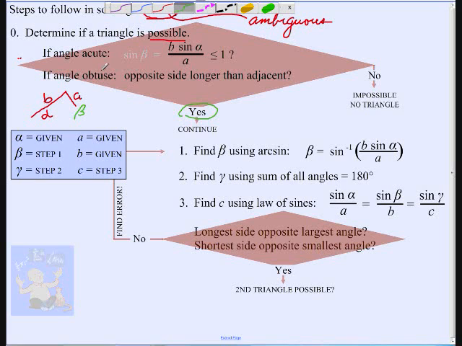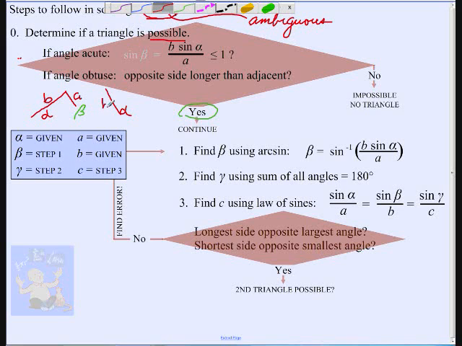The other possibility is you look at this angle and you see that it's obtuse. So in that case, let's draw a picture of that. So this angle, alpha, is obtuse.